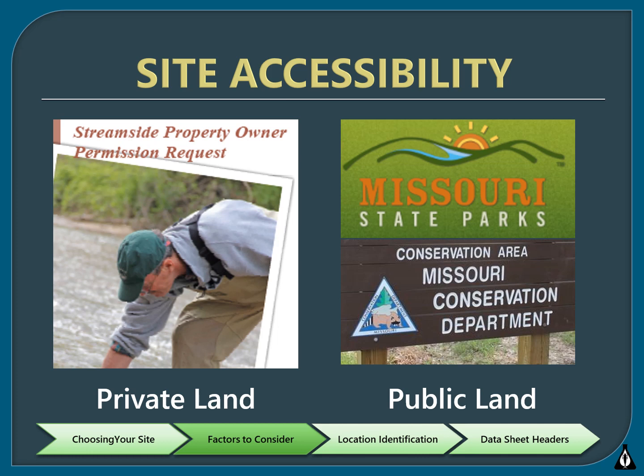Remember, when you're monitoring your site, requesting permission is beneficial because it can make your monitoring safer, and requesting permission can also promote an avenue for education and outreach on those stream resources. We also recommend that you ask permission from public areas such as state parks or conservation areas. Most likely, folks working at these areas will be happy that you're monitoring and interested in the data you're collecting.